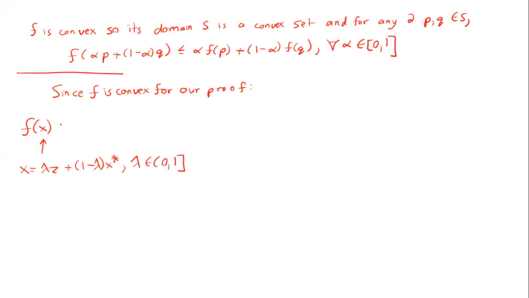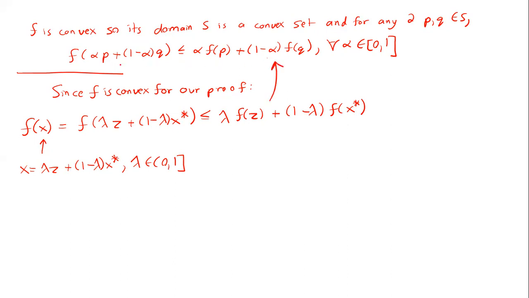And so f of x is equal to f of lambda z plus 1 minus lambda x star, which is then less than or equal to lambda f of z plus 1 minus lambda f of x star. So how do I know this? It's because f is convex, therefore this has to hold. And so this is just an expression of this convexity relationship.